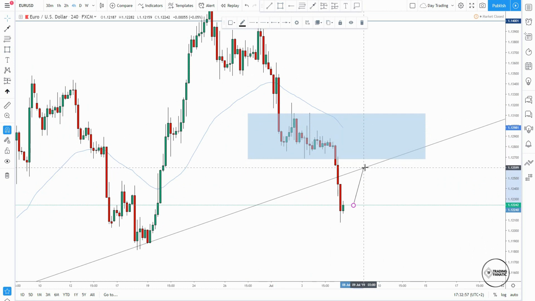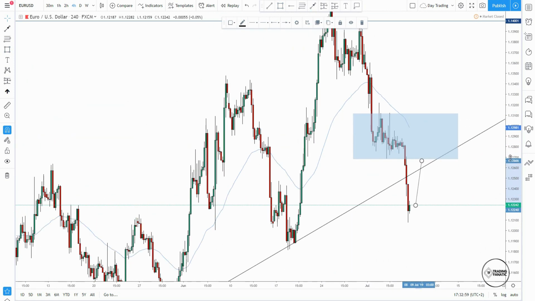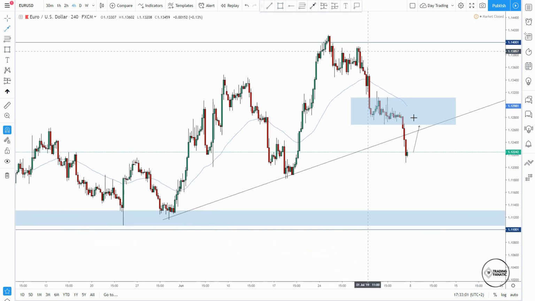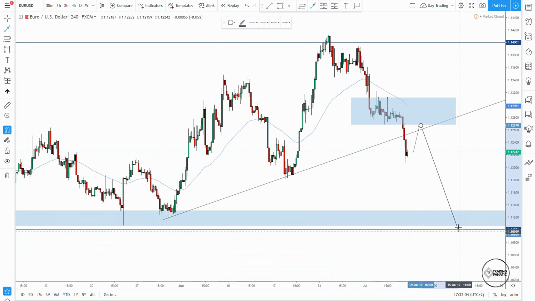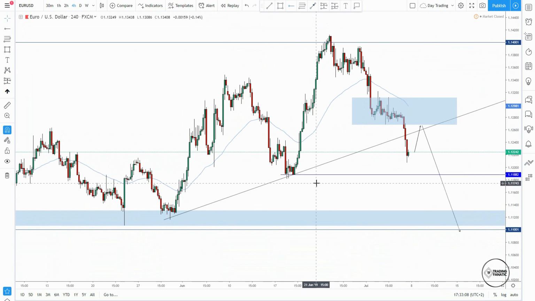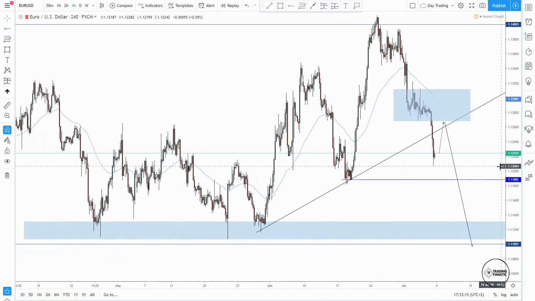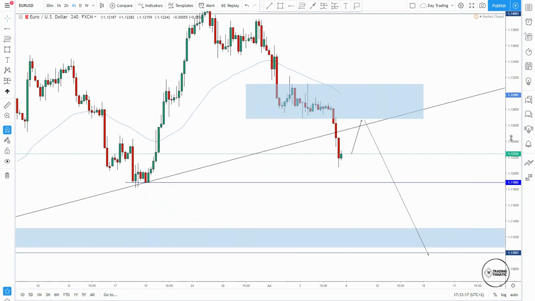We can have this retest of the trend line, retest of the range support, and we can head down to 1.11. This will be considered a strong support here, 1.1180. So bearish on EU, supporting my bias on the DXY.